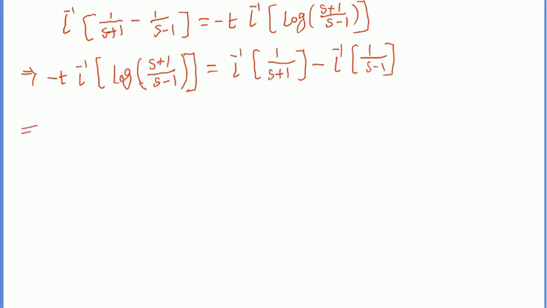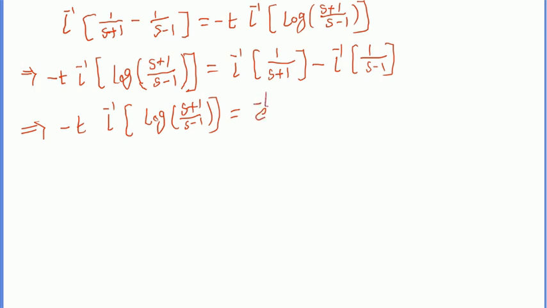So this implies minus t into L inverse of log of (s plus 1) by (s minus 1) is equal to, what is the L inverse of 1 by (s plus 1) value?